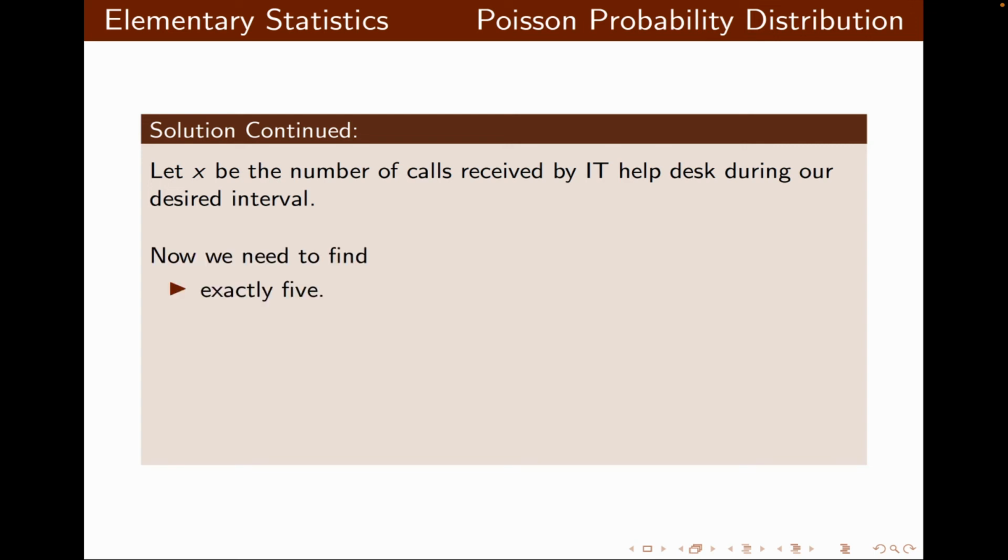To find probability that they get exactly 5 calls, we're going to use Poisson PDF with the average of 4.5, and x here is 5. The answer is 0.171.